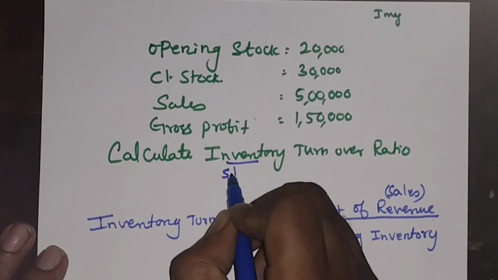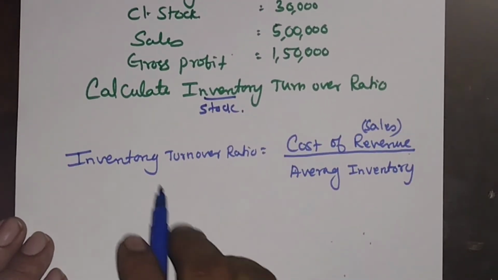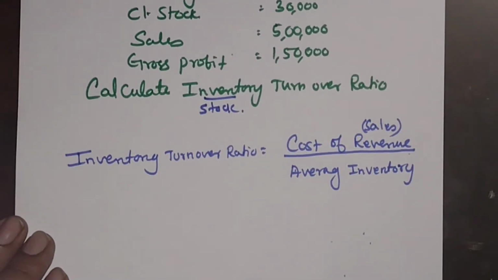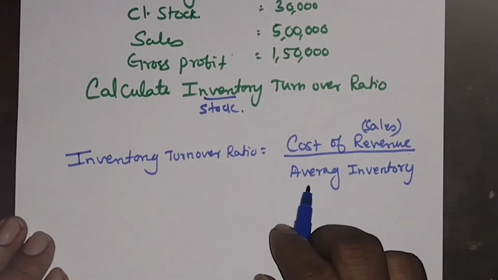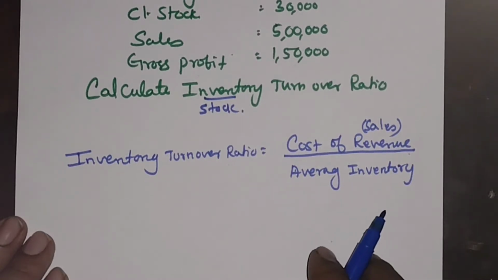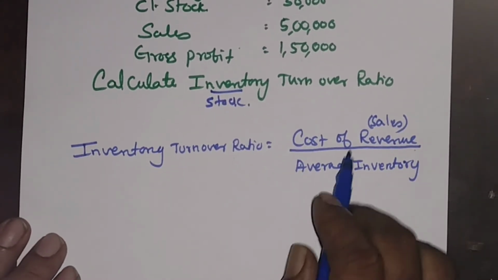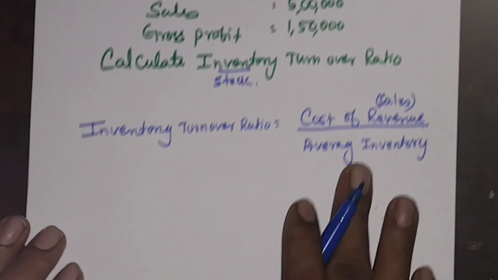Inventory means stock. What is the given formula? Inventory turnover ratio is equal to cost of revenue or cost of sales divided by average inventory. We know that first we have to find the cost of revenue, and second the average inventory.